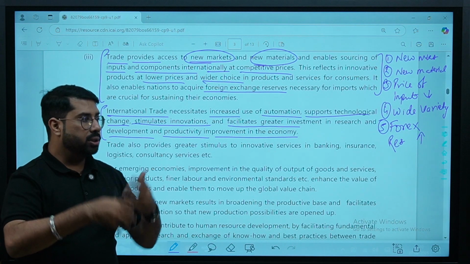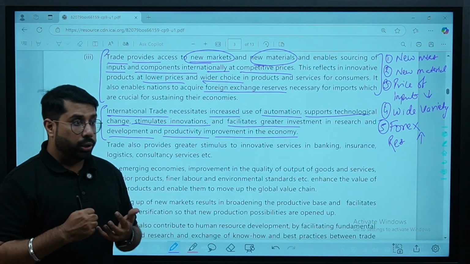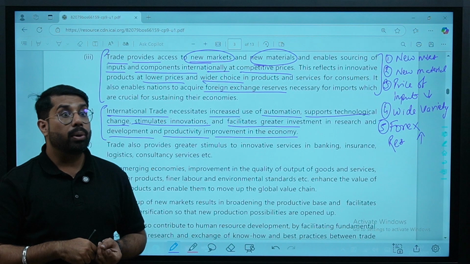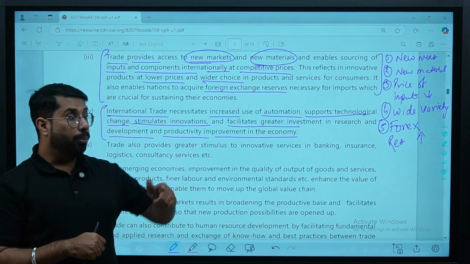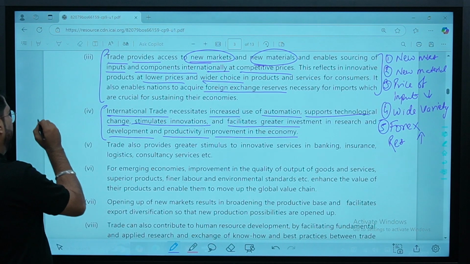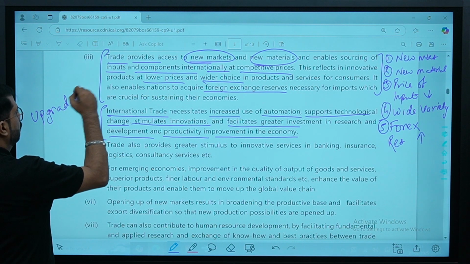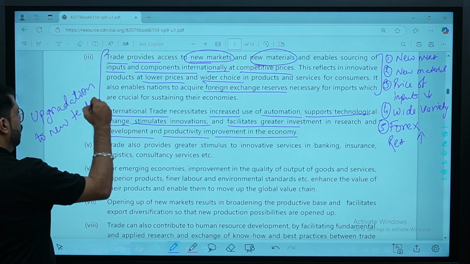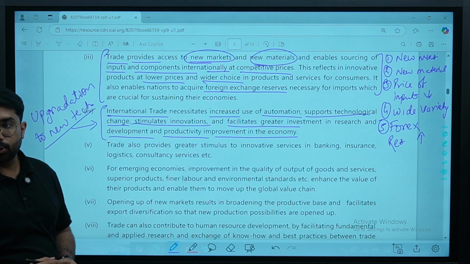So when you know that there is a new technology in the market, you try to adapt it, because if you don't adapt new technology, your survival in the market will be in question. Why? Because if you don't have the new technology and your competitor gets it, he will surpass you. Okay, so you get upgradation to new technology. Are you clear? Yes or no? Yes, sir.